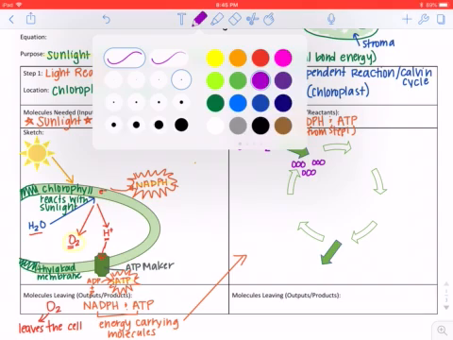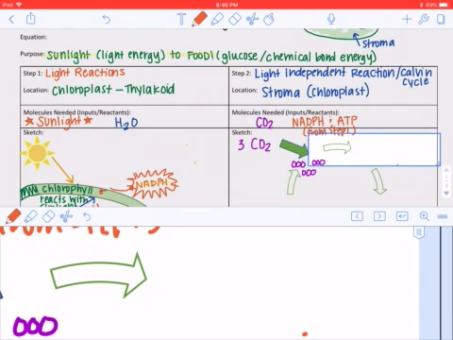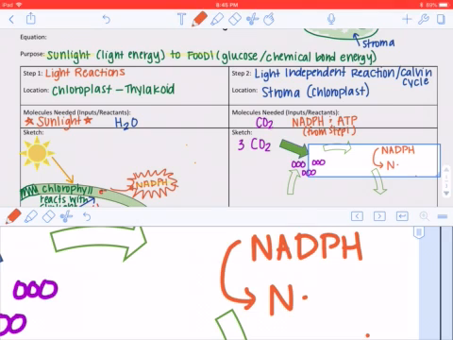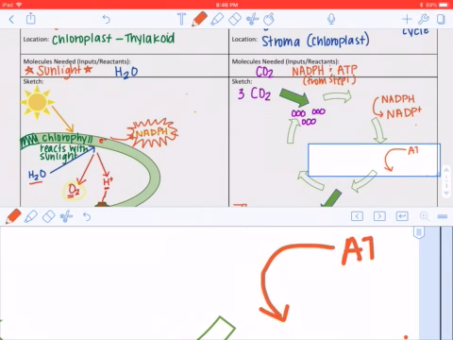The way in which they get rearranged is by using that energy. So that NADPH and that ATP, well, they're going to come in here, and our NADPH is going to release energy and turn into NADP+. Our ATP is going to come in here. It's going to start as ATP.